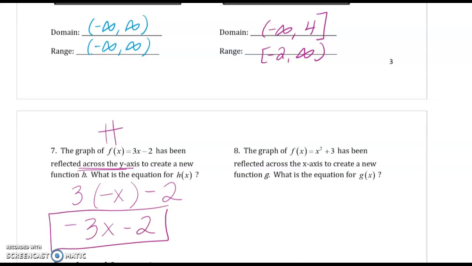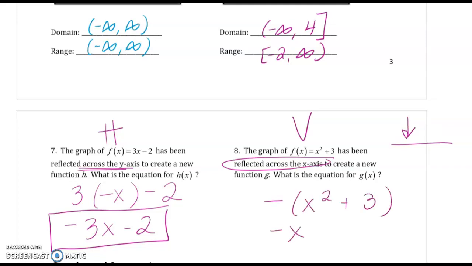But notice, if I want to reflect it across the x-axis, right, I'm flipping it this way, up and down, that's going to be a vertical change. So I'm going to put a negative in front of everything. So you can see, if you're reflecting horizontally, if you're reflecting where it just affects the x's, it just affects the x. But if you're reflecting with the y, you have to put it in front of everything. So we'll talk a little bit more about that.